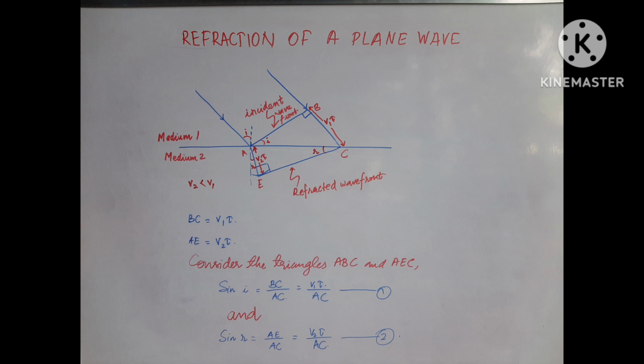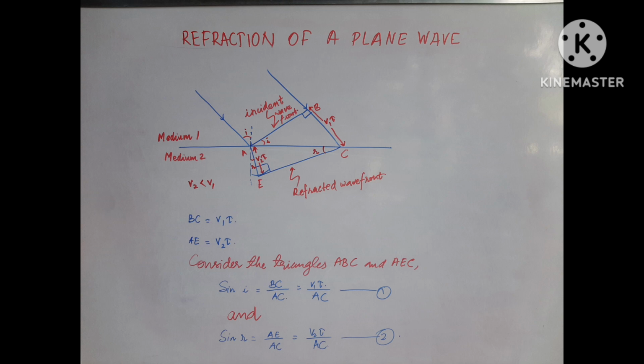So in this case we can say that BC is equal to v1 tau and AE is equal to v2 tau. Just consider the triangles ABC and AEC, so that we can write sin I is equal to BC by AC, and BC here is v1 tau, so sin I is v1 tau by AC in the first equation, and we can write sin R is equal to v2 tau by AC in the second equation.